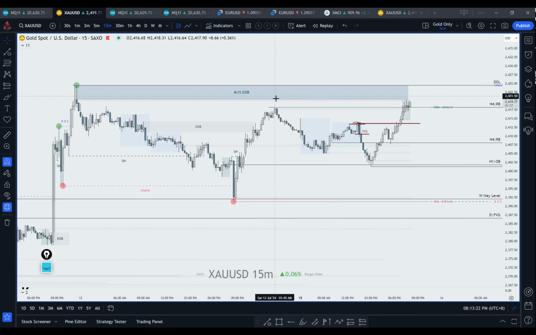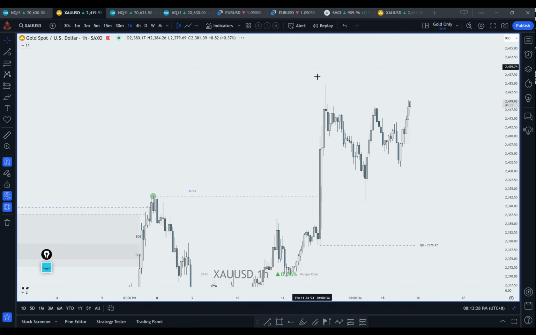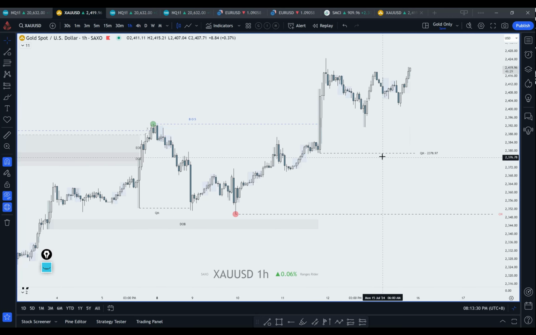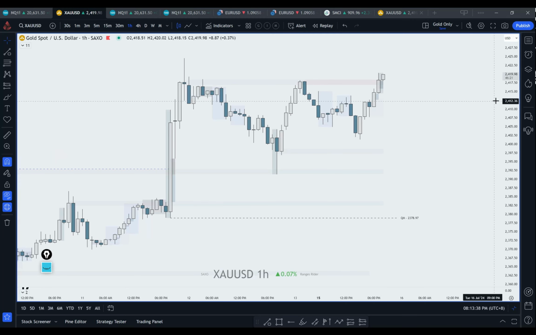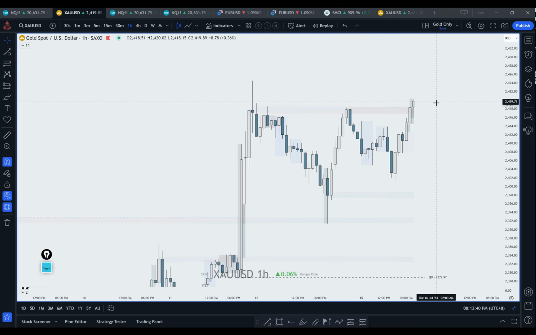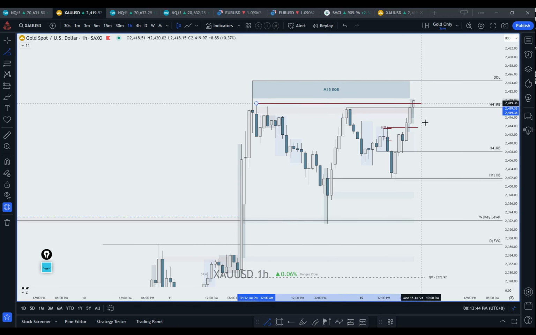Okay, so on the 15-minute time frame we have this range, and let's quickly check on the H1 time frame what we have. On the H1 time frame, we have the QM, and the price has never come to the QM yet, and the H1 price has cleared all liquidity.